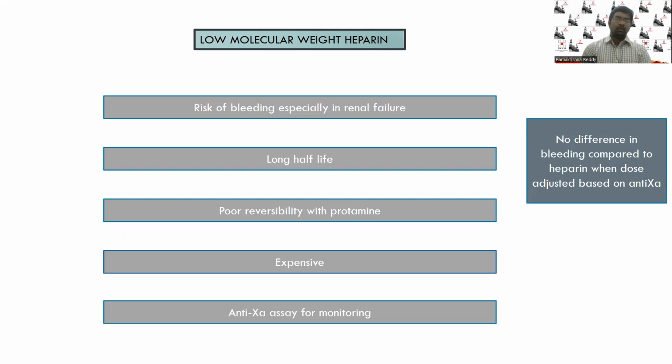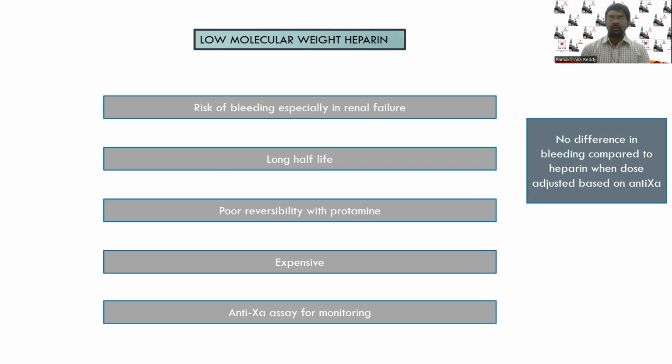So coming to low molecular weight heparin. The mechanism of action is similar to heparin, but compared with heparin, it has a better pharmacokinetic profile, though it is expensive and has a longer half-life than heparin. Not only that, in case of renal failure it will accumulate, especially when the creatinine clearance is less than 30 ml per minute.